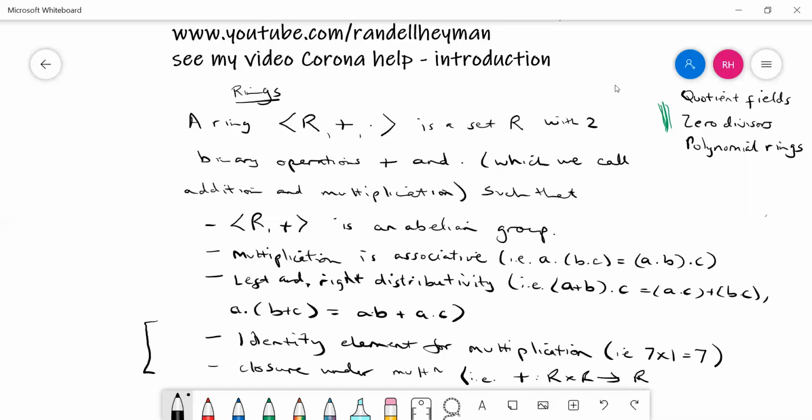So if I define multiplication properly, whatever multiplication is in the sense of this ring, then closure is assumed.